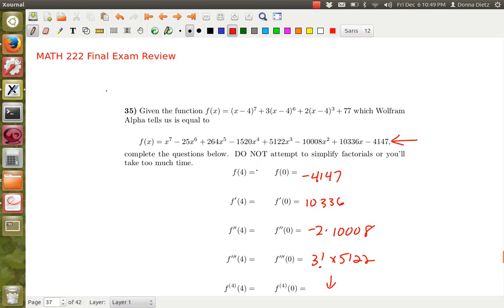So f of 4 is 77. And guess what? There's no x minus 4 square piece, and there's no x minus 4 piece. These pieces don't exist. So these guys have 0 derivatives there. Just like x to the 7th has 0 derivatives everywhere at 0. Elsewhere it has derivatives, right?